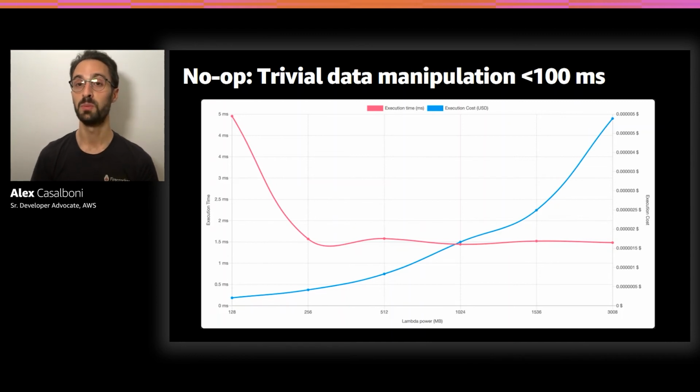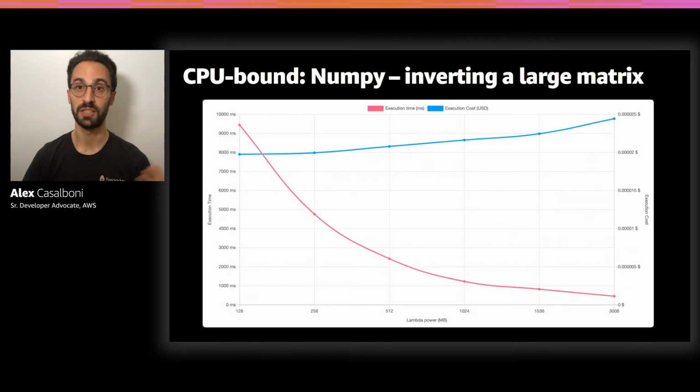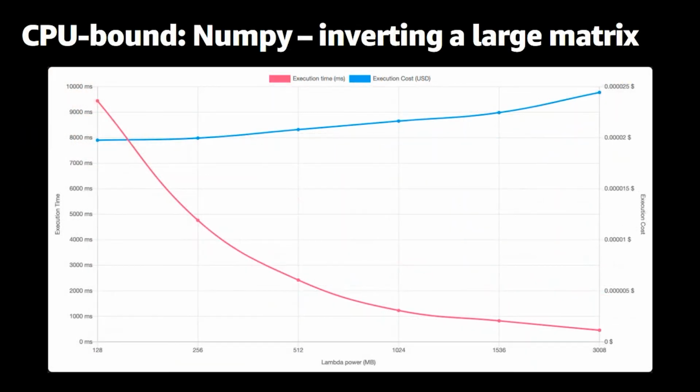So this may not be super interesting for a RESTful API, but if you have, for example, a microservices system where you have multiple small functions interacting with each other and coordinating with each other to maybe provide a response back, if you can shave off 5, 6, 15, or 20 milliseconds of each one, you might end up with something that is meaningful even for the final user of your APIs.